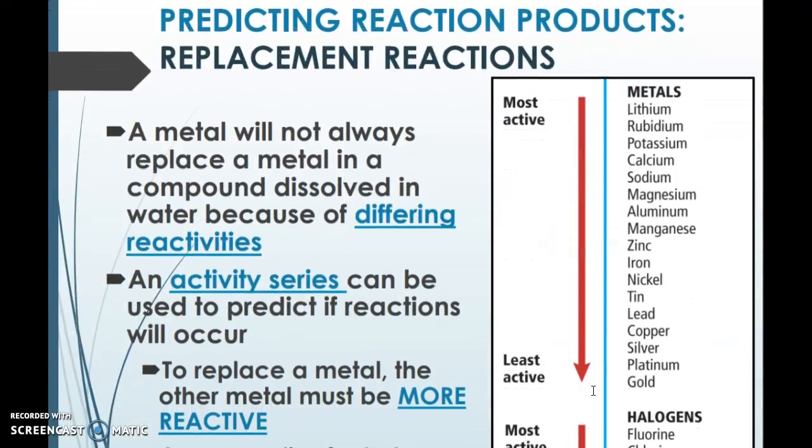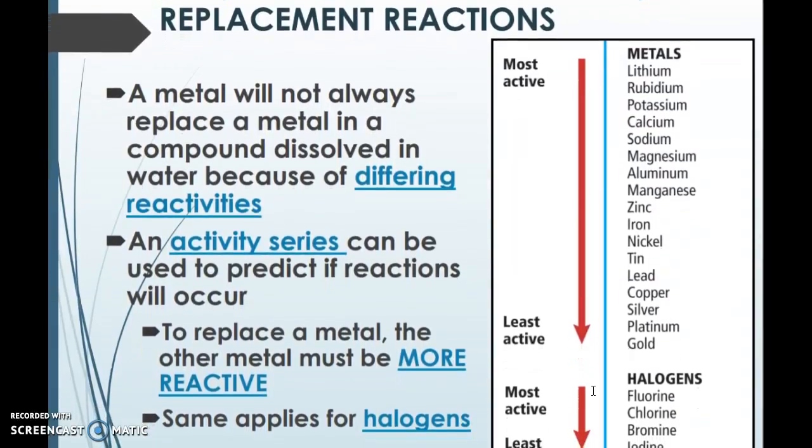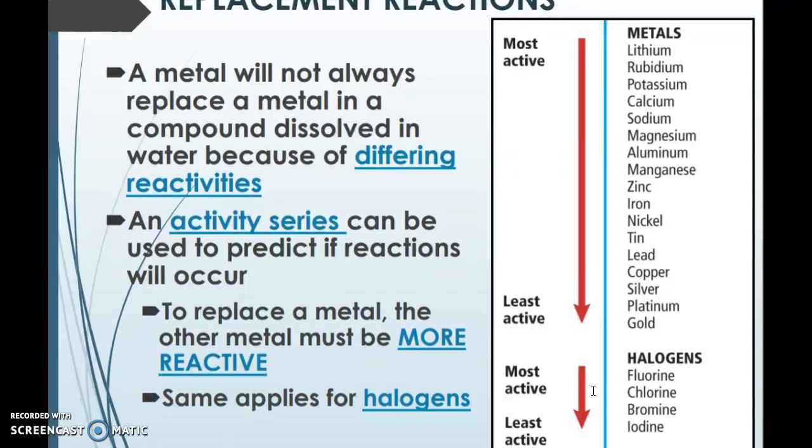In this next slide, we have single replacement reactions. Now, when we do a single replacement or a displacement reaction, we have to look at something called an activity series chart. Now, you'll look on the side here, you will see this activity series chart from most to least active.